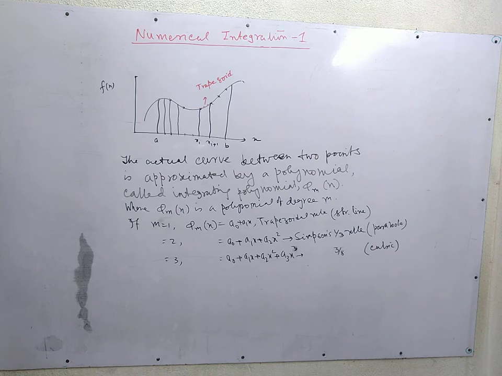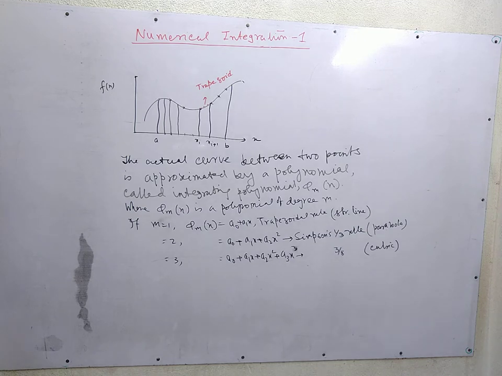In this way we can go on increasing the degree of the polynomial, but it is found that by merely increasing the degree of the polynomial, satisfactory results are not always obtained.